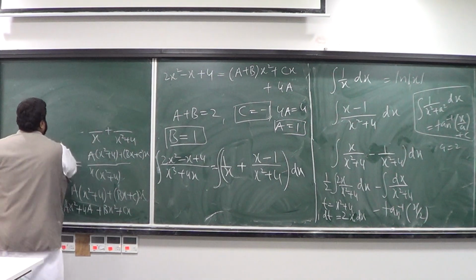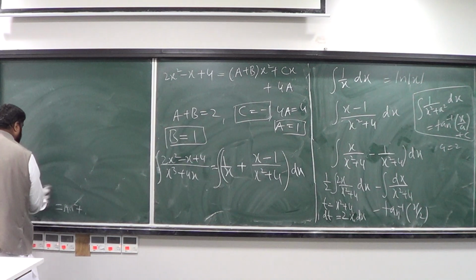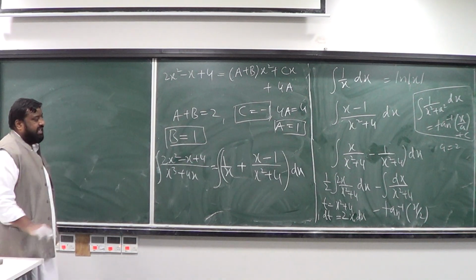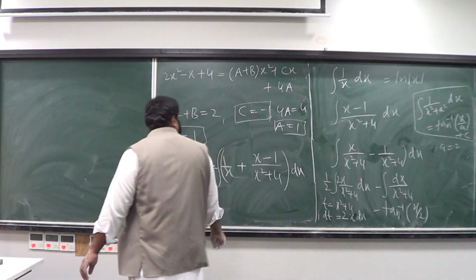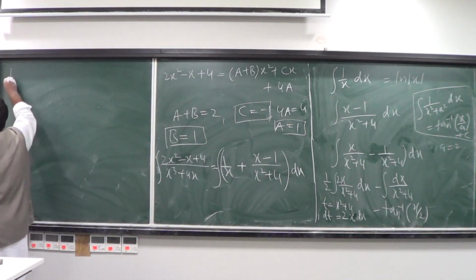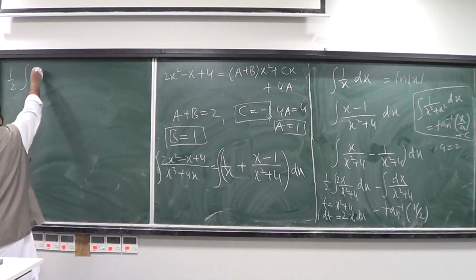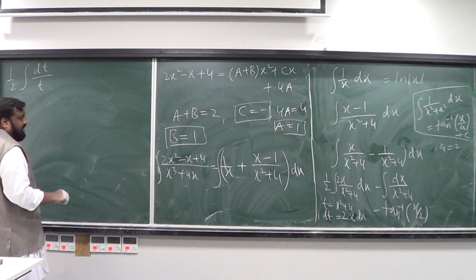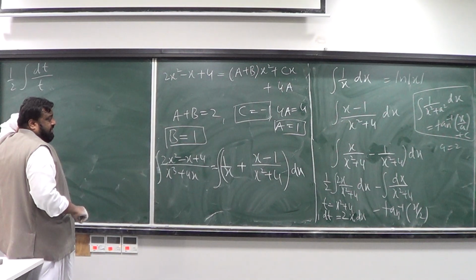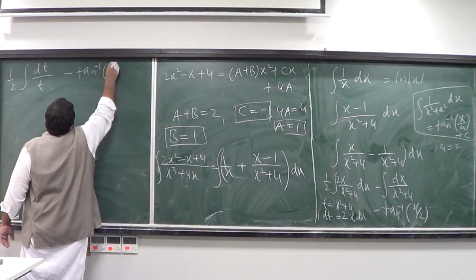So what would be the integral finally? The final integral is going to be 1 over 2, with dt in the numerator and t in the denominator, minus tangent inverse of x upon 2.